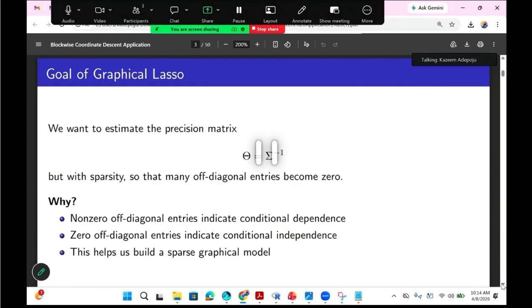Because the covariance matrix messes things up. It gives us a combination of both indirect and direct effects. We don't want that, because the indirect effect is what makes the network complicated.